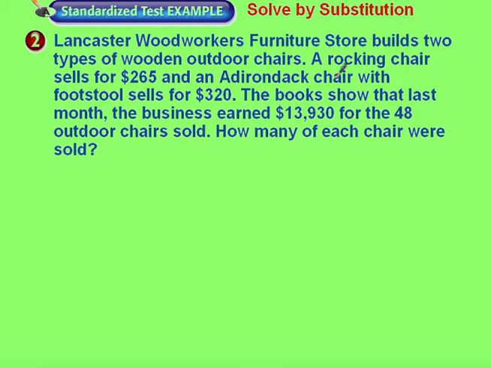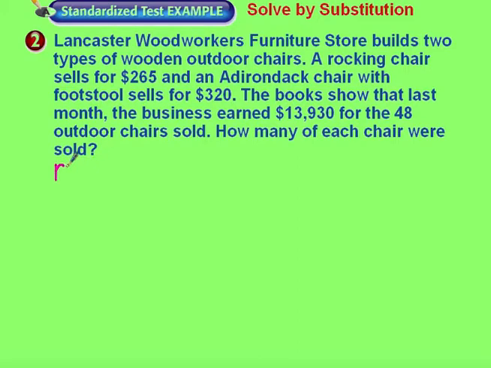Usually they're wooden, but sometimes you'll find them in plastic. The Adirondack chair sells for $320. The books show that last month the business earned $13,930 altogether for selling 48 total chairs. How many of each chair were sold?